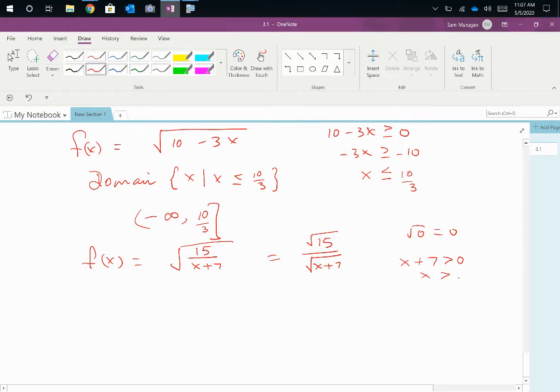So x can be equal to all numbers that are greater than negative 7, but not equal to negative 7, because if we substituted negative 7 in that equation, we would be dividing by 0. So when you write this answer, if you're using interval notation, use parentheses instead of brackets on the negative 7.